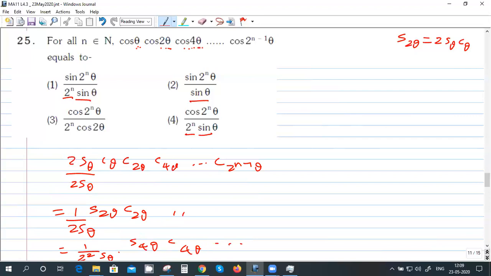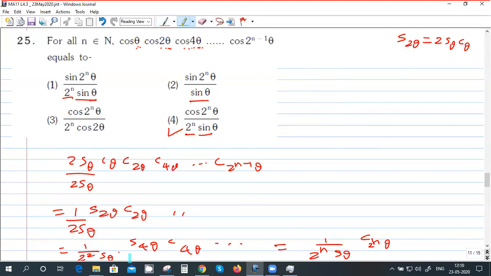When 2 is here, I'm getting 2 here. I'll get to this. Then you have to look at the pattern carefully.